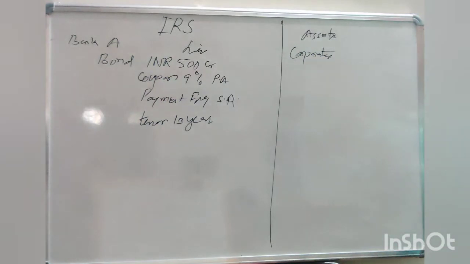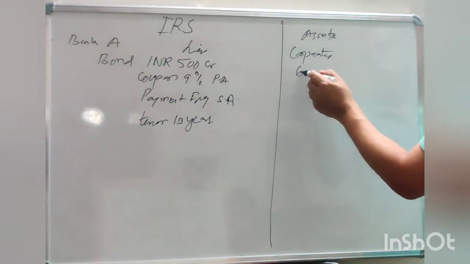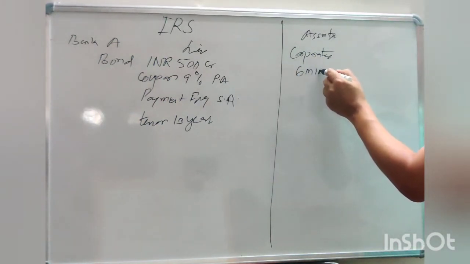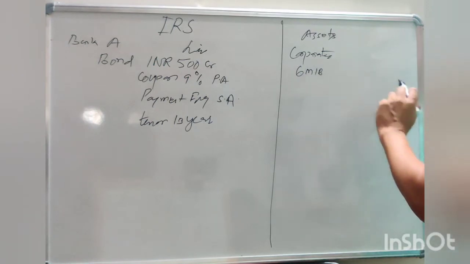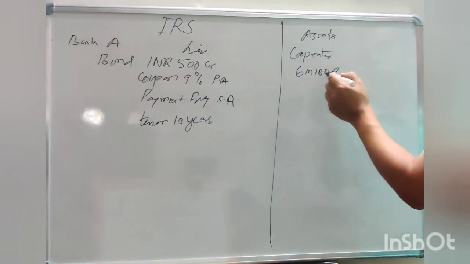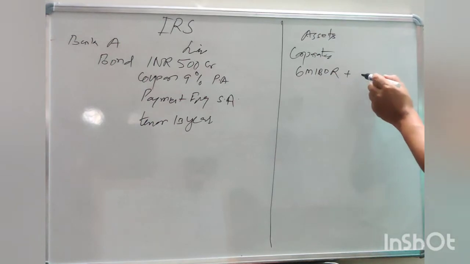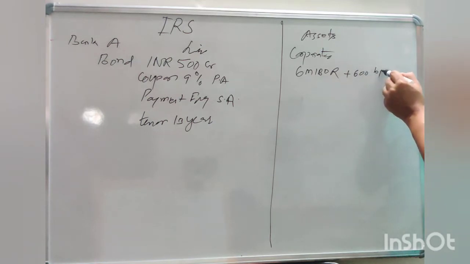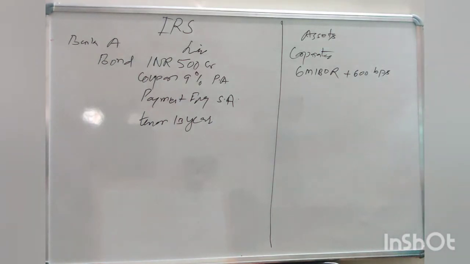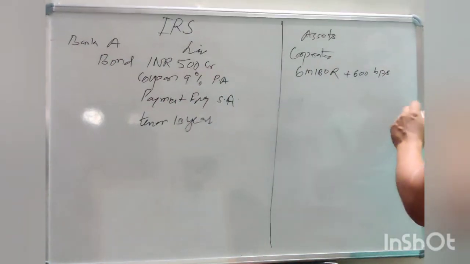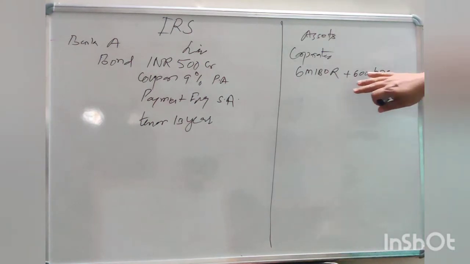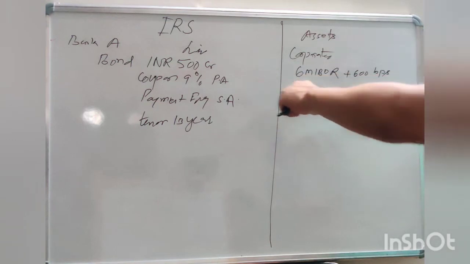They have lent at floating rate, let's say 6 month MIBOR plus 600 bps is their lending. So here the bank's assets are giving them floating income, whereas the bank liability is fixed at 9%.